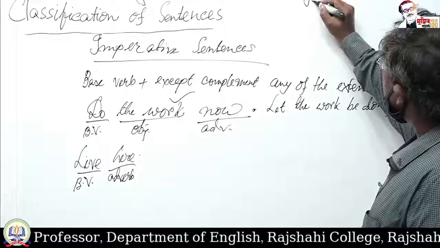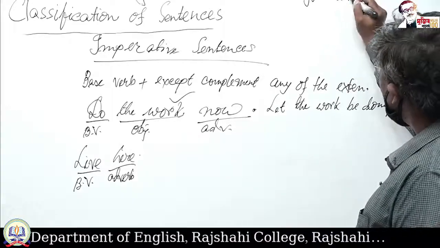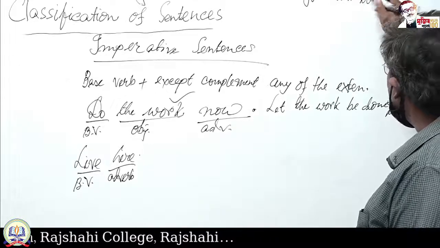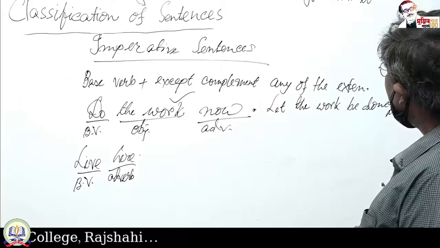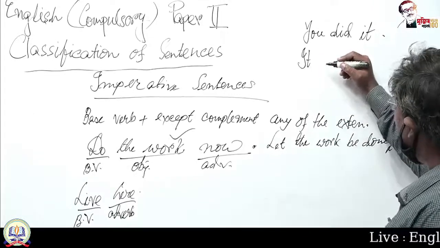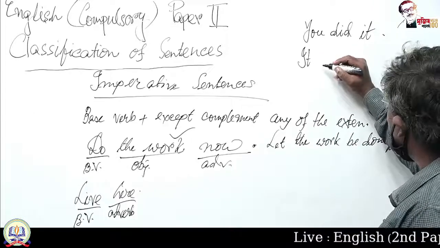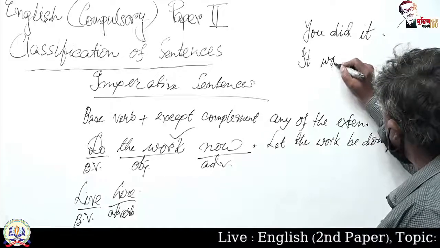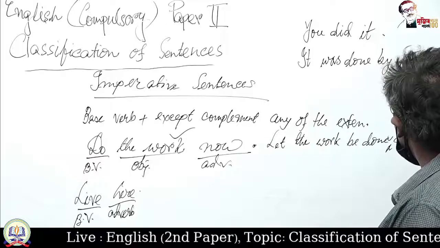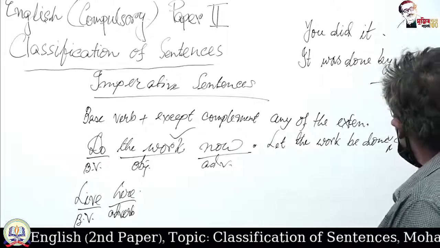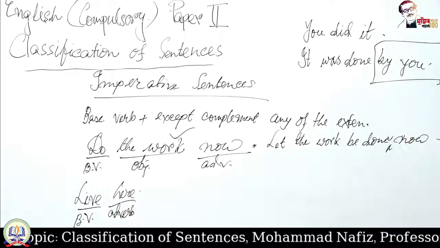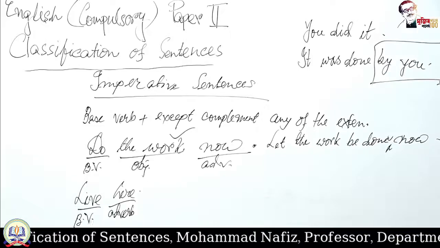You did it. Since it is an assertive sentence, you did it. If you are asked to make this sentence passive, you need to use by you at the end of the sentence. It was done by you. But you need not use this by you in the passive form of an imperative sentence.